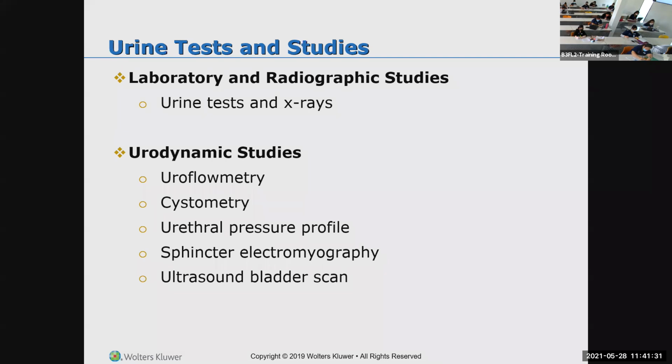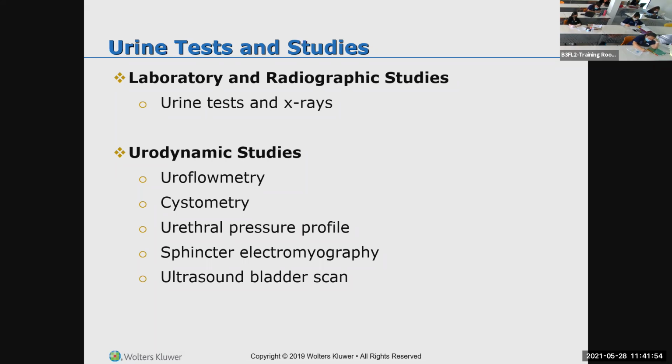Then we perform urodynamic studies in the form of uroflowmetry, how much urine is coming out; cystometry, see how much the bladder is holding the urine; and number 3 is the urethral pressure profile.